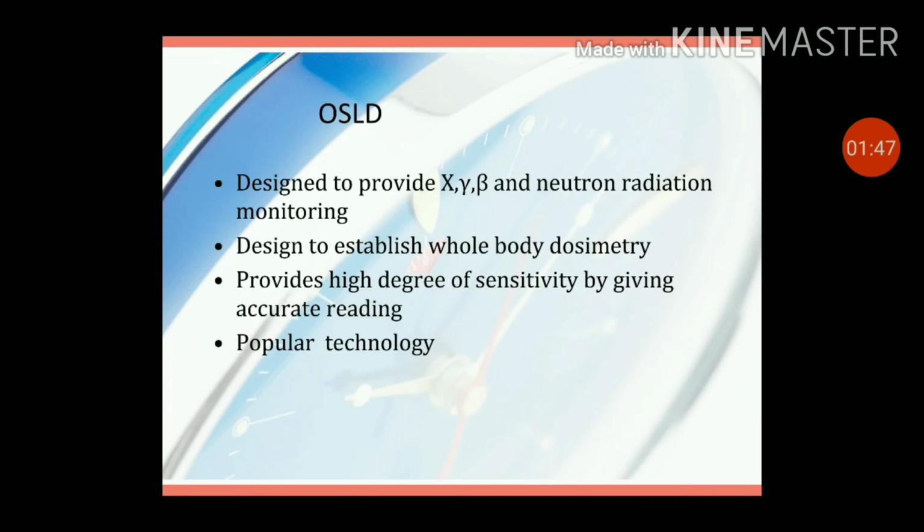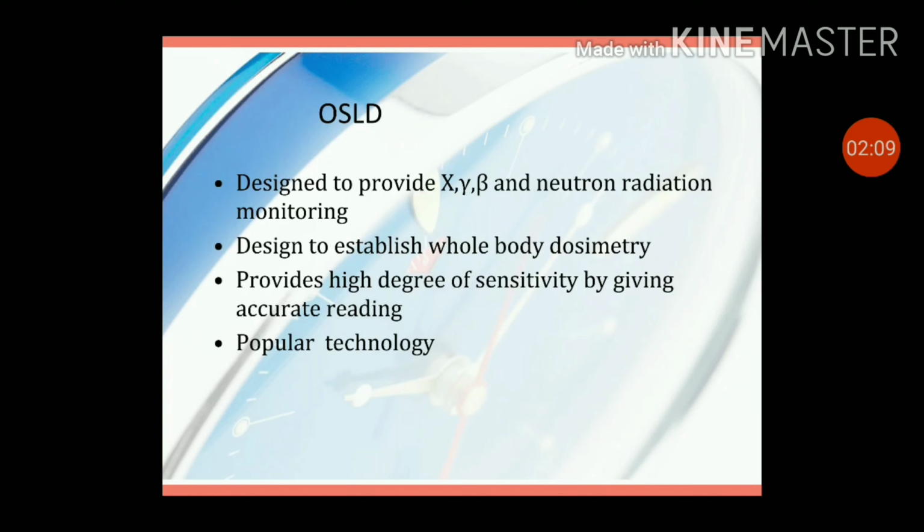So in diagnostic imaging, the higher sensitivity of OSL dosimeters makes them ideal for monitoring in a low radiation environment. Because of the advantages, for example the ability to reread again and again and high sensitivity to measure low doses, this technology has become very popular nowadays.